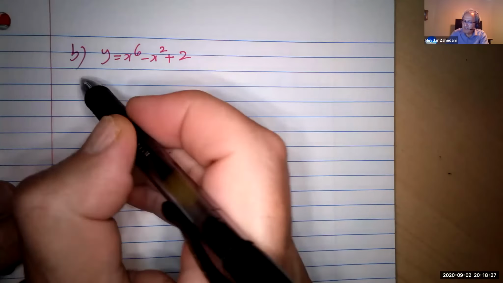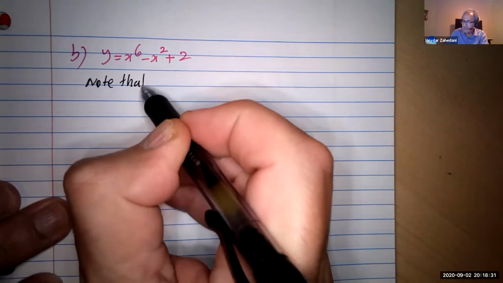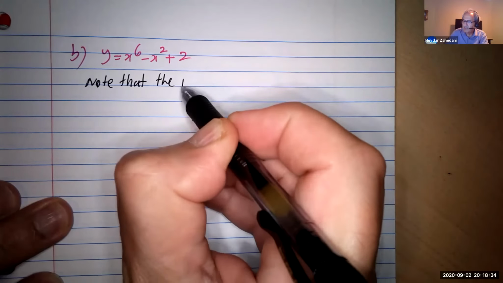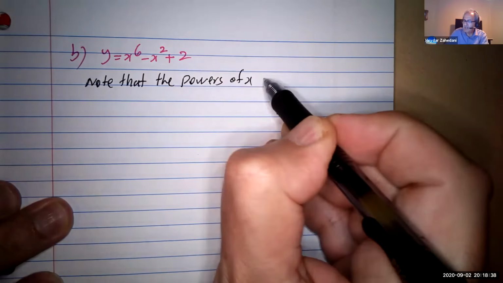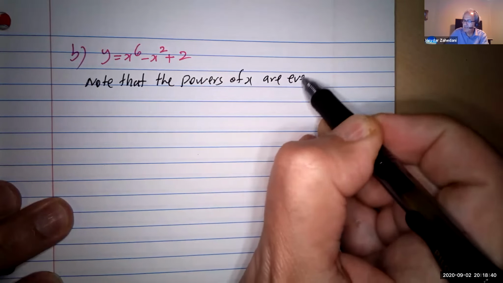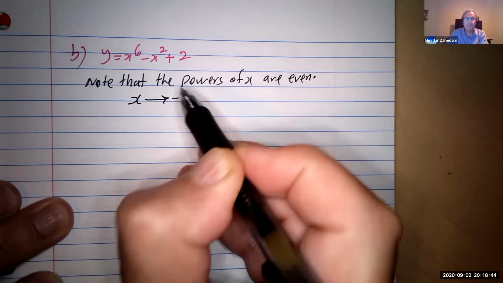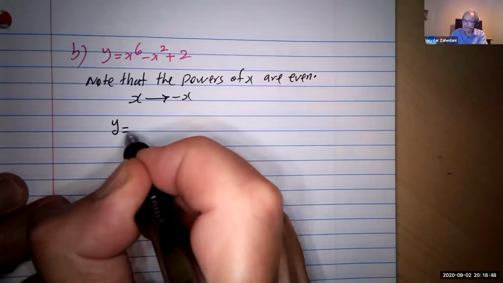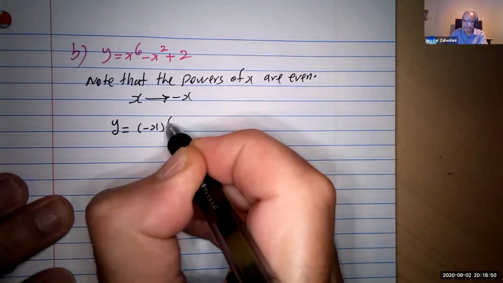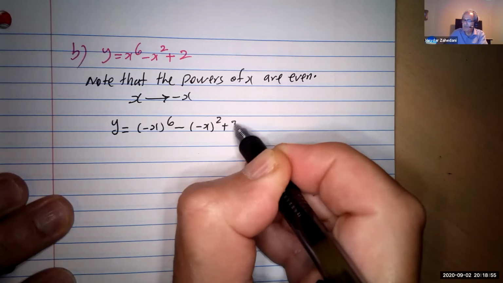So again, I remind you, you don't have to write it down on the test. Note that the powers of x are even. So change x to negative x. Use parentheses: y = (−x)⁶ − (−x)² + 2. Everything will stay the same.